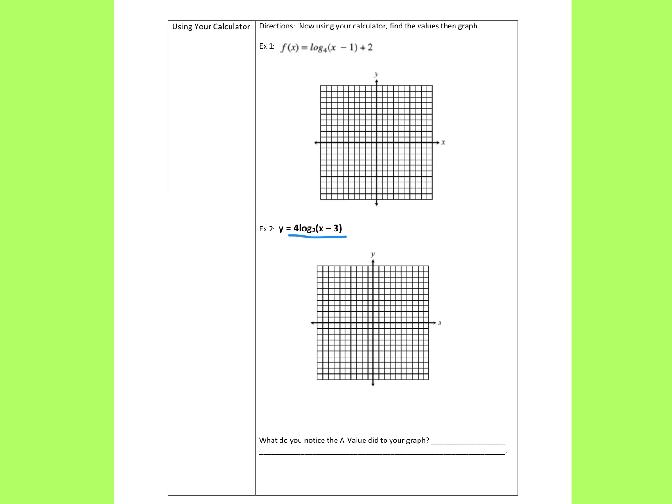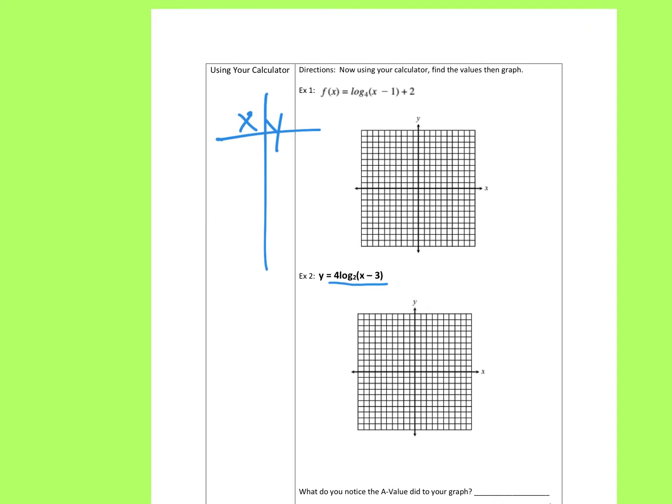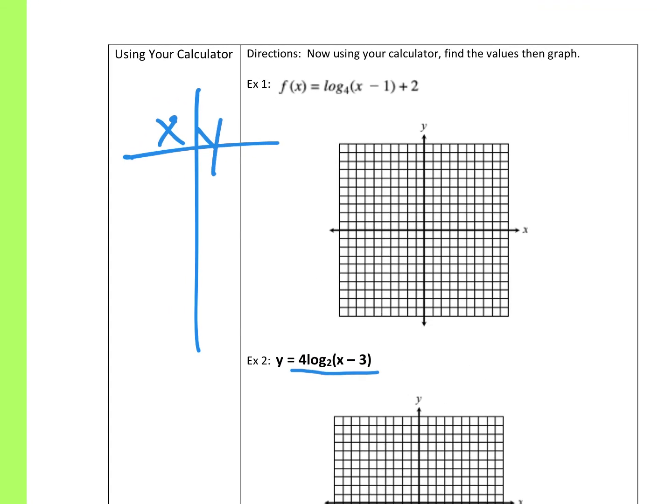Okay, cool. So, XY table. Where'd you start? 1, that was your asymptote? Yes, ma'am. Great manners. What numbers did you pick? 2, 3, 4, 5, 6, and what'd you get?